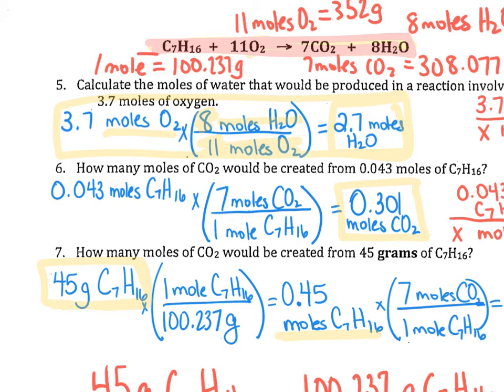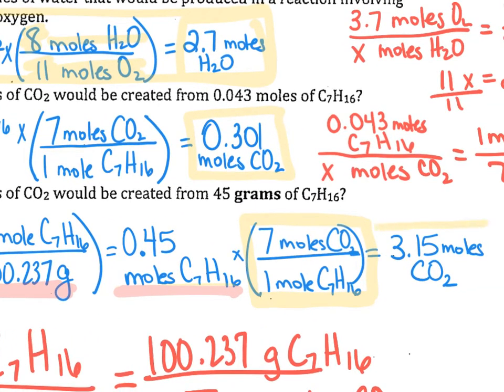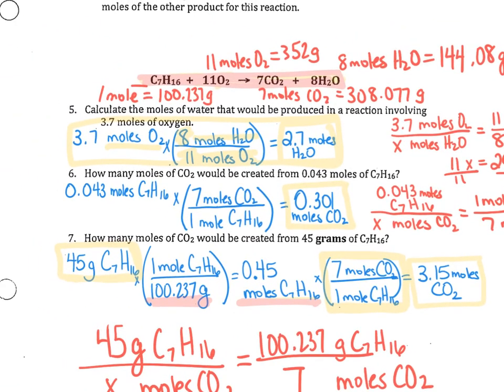So once I calculate the molar mass of C7H16, I can use that and calculate my moles of C7H16. And then finally, I can use my typical mole to mole ratio using the coefficients on the chemical equation in order to get me to my moles of CO2. So that's the traditional method in blue.